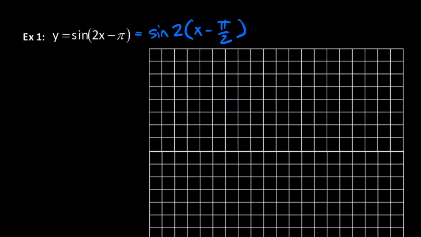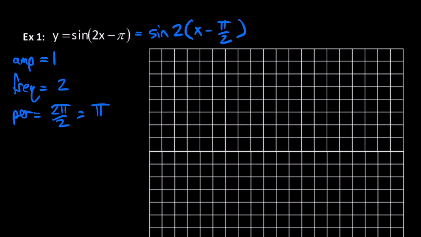Now let's identify everything. Amplitude equals 1. Frequency, or your B term, is 2. Now you calculate the period, 2 pi over 2, so that's just pi. Our phase shift is right pi over 2. And our vertical shift is nothing, nada.